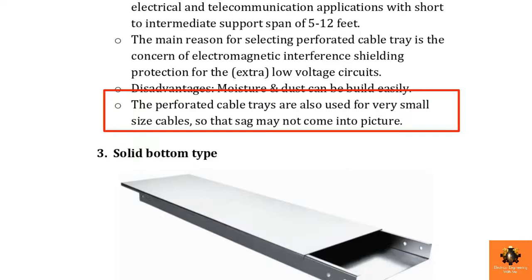See, if you are using a ladder type cable tray to pass 2.5 or 4 square mm cable, what will happen? You will get a sag, because 2.5 or 4 square mm cables are very flexible. So to overcome the sag, we also use this cable tray. Okay, I hope it is very clear for you.